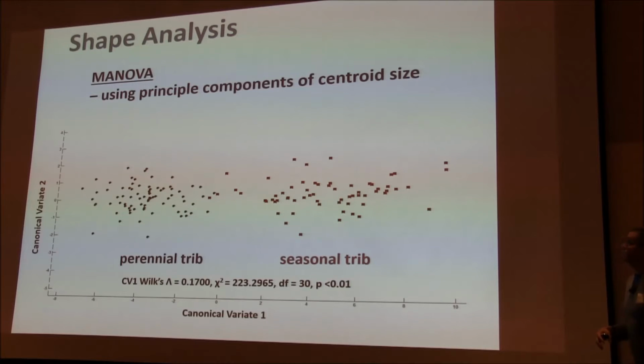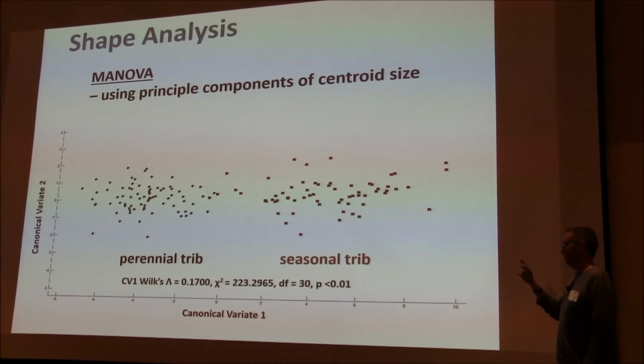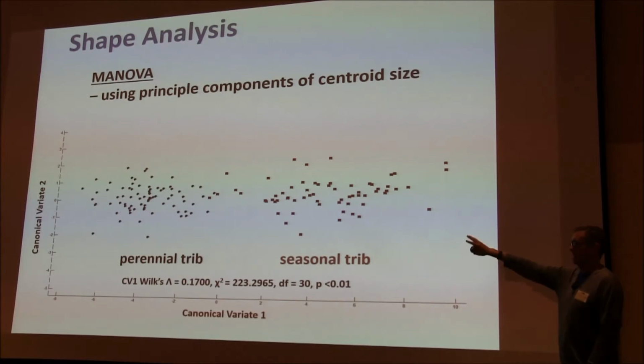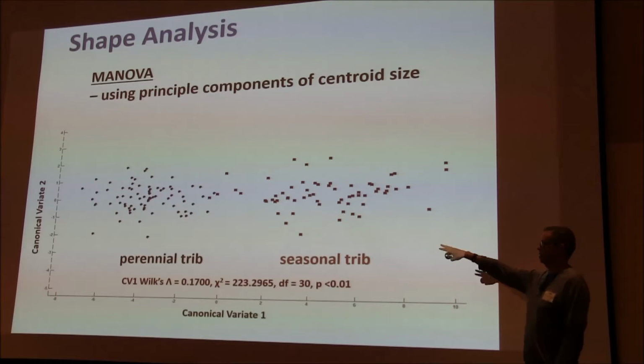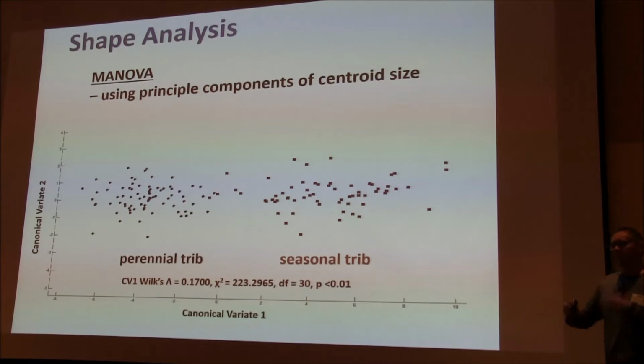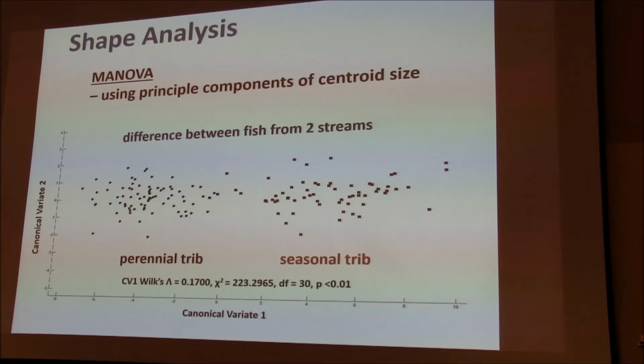And using principal components and getting centroid sizes and stuff that's, again, fairly complicated, you can see a fairly large distinction between the seasonal tributary fish and those in the perennial tributary, that they're different shapes. And you can dig deeper into this with geometric morphometrics, and you can, oh yeah, there you go.